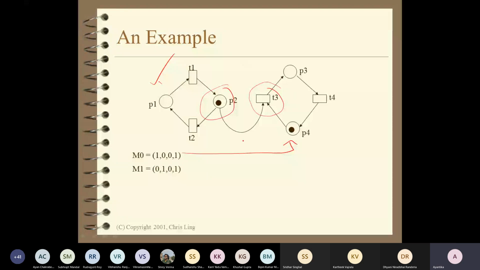Let's see, M1 is 0, 1, 0, 1. So M1 is telling you that you have tokens in P2 and P4. Then after that, you are having the condition 0, 0, 1, 0. That is what your reachability matrix shows. That means for this T3 condition to get executed, you need inputs from P2 as well as P4.